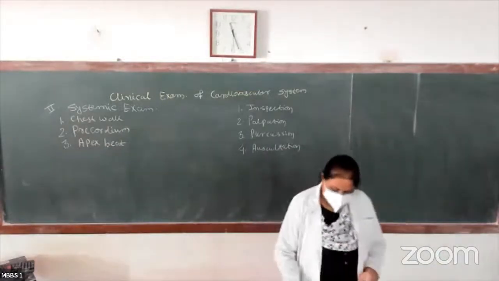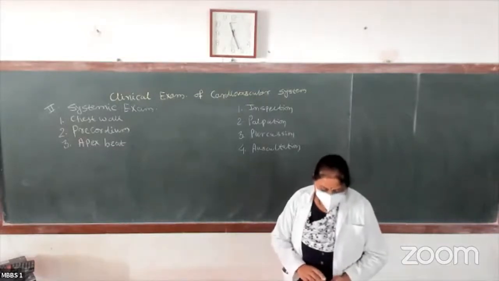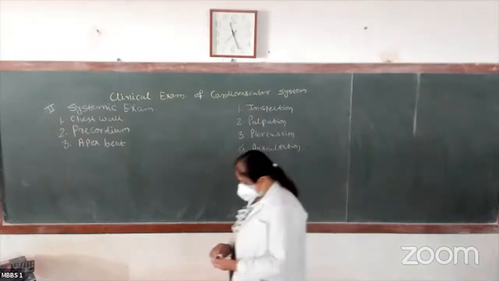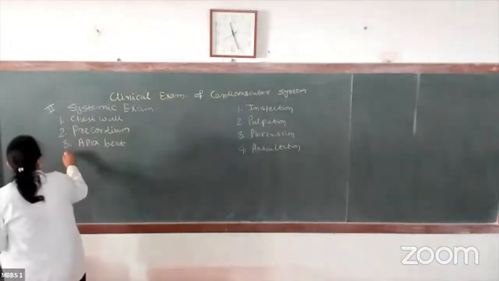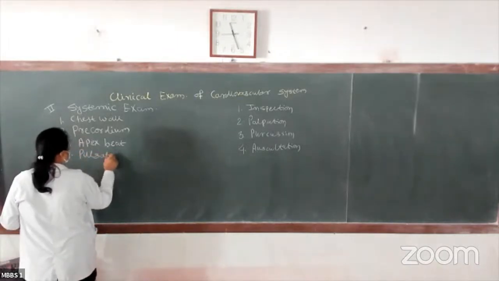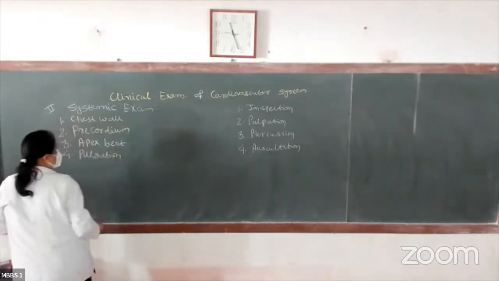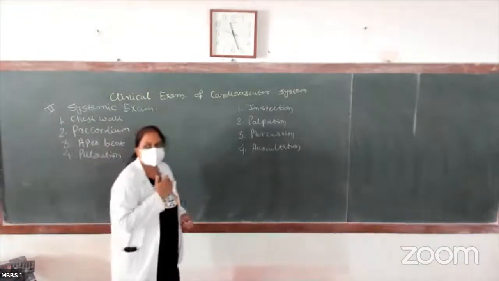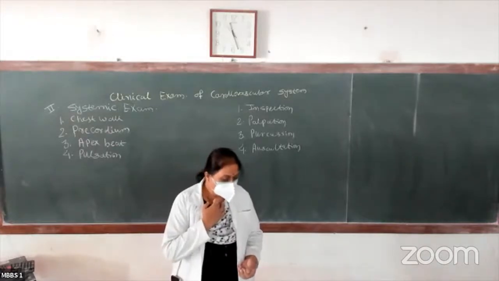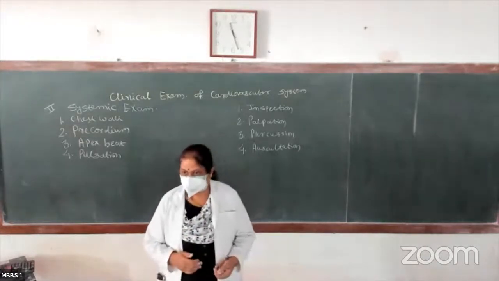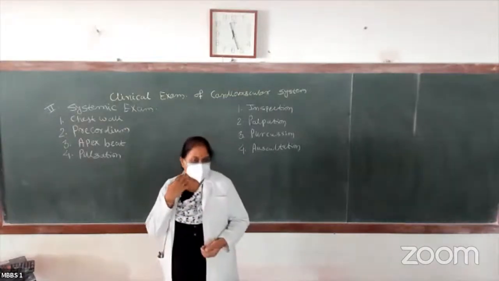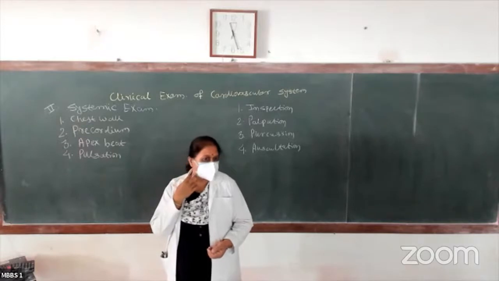Then next are the pulsations. The next point for inspection is the pulsation in the suprasternal notch, epigastric region and the carotid pulsations. The fourth point is inspection of the pulsations. See the pulsations at the suprasternal notch, then in the epigastric region, and third the carotid pulsations in the neck.